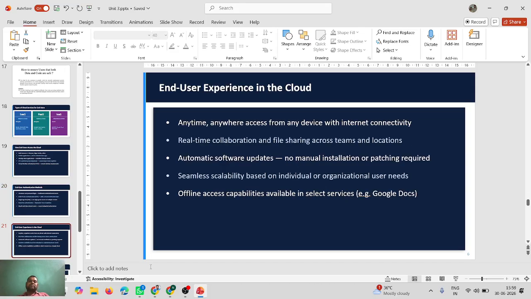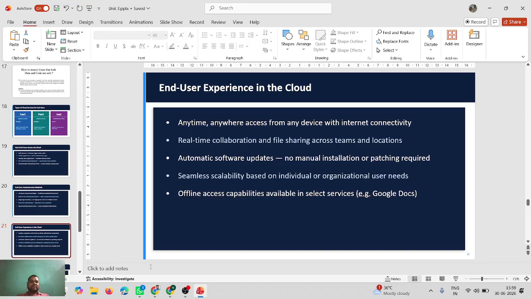And for end user experience, you can access the cloud services anytime, anywhere across the world, across devices, right? And real-time collaboration, file sharing across teams and locations, and automatic control over the data, automatic software updates are also possible with the help of cloud computing.